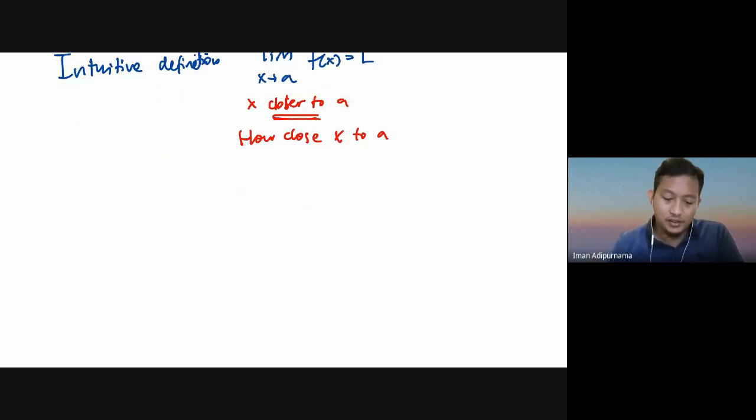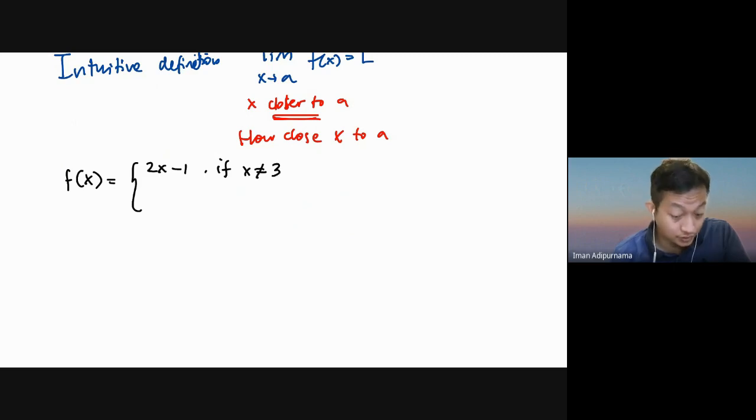All right. So if we have f of x, a piecewise function. First is 2x minus 1 if x is not equal to 3, and this will be 6 if x equals 3.